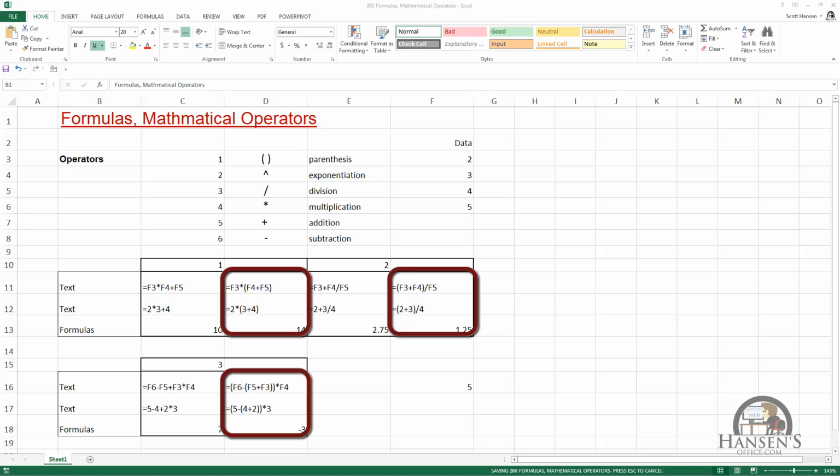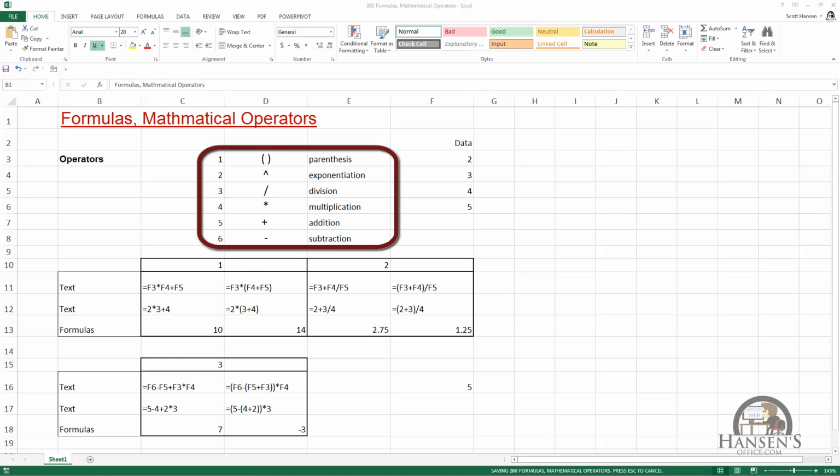So I want to walk through each one of these steps and show you how you can take control over the order of operations. And that order is, by default, first Excel will apply parentheses, and this is where you can actually take control of the operation order, then exponentiation, division, then multiplication, then addition, then subtraction.